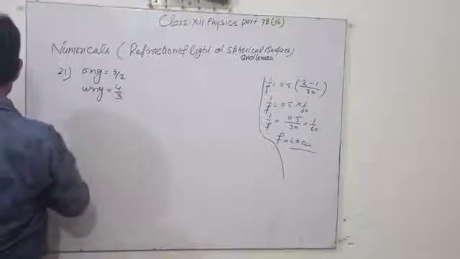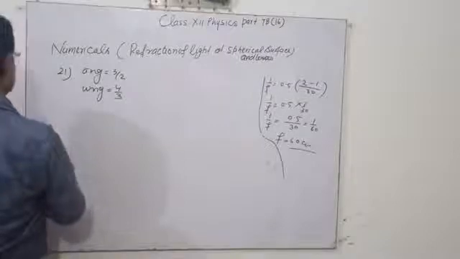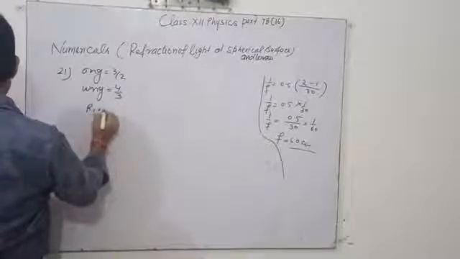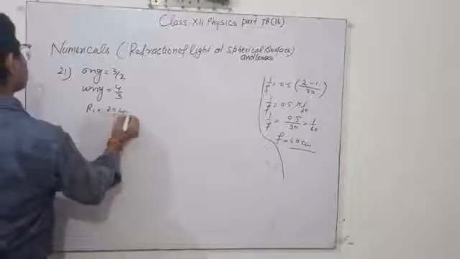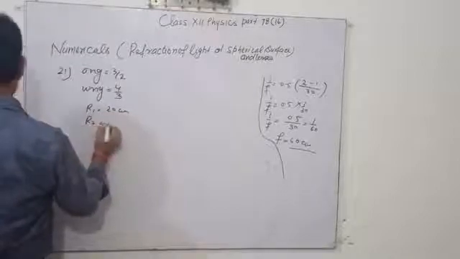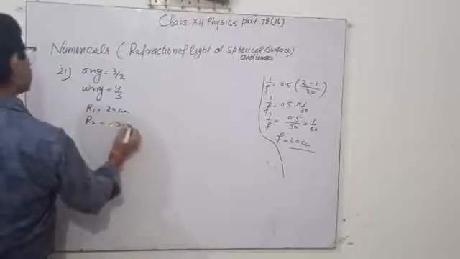Given here, the radii of curvature of the convex lens are R1 equal to 20 centimeter and R2 equal to minus 30 centimeter.